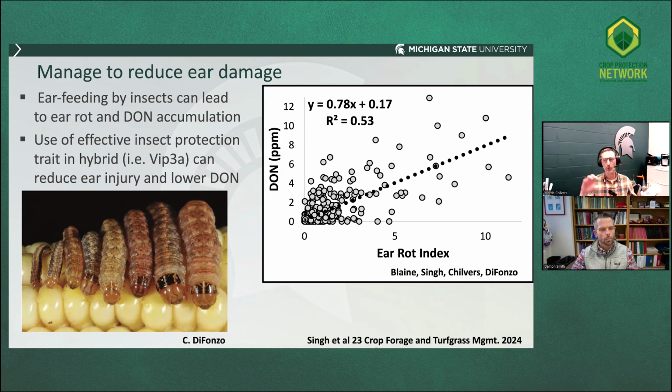So we see a pretty good correlation between ear damage from those insects and the mycotoxin accumulation. So the take-home here was that it's a component of management. Some people got kind of excited about this. I'm like, whoa, whoa, whoa! This is a thing, but it's not the entire disease story. Just managing the insects isn't going to make mycotoxins go away. Again, it's definitely an important part.